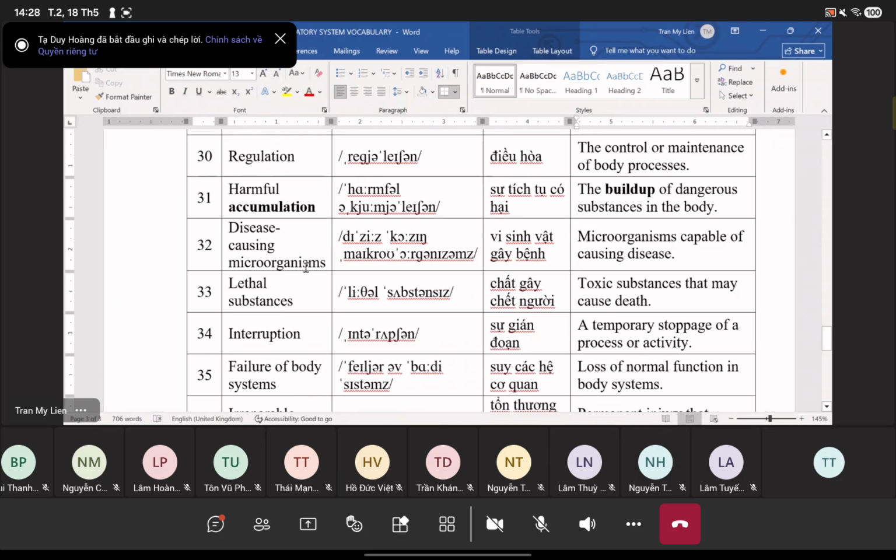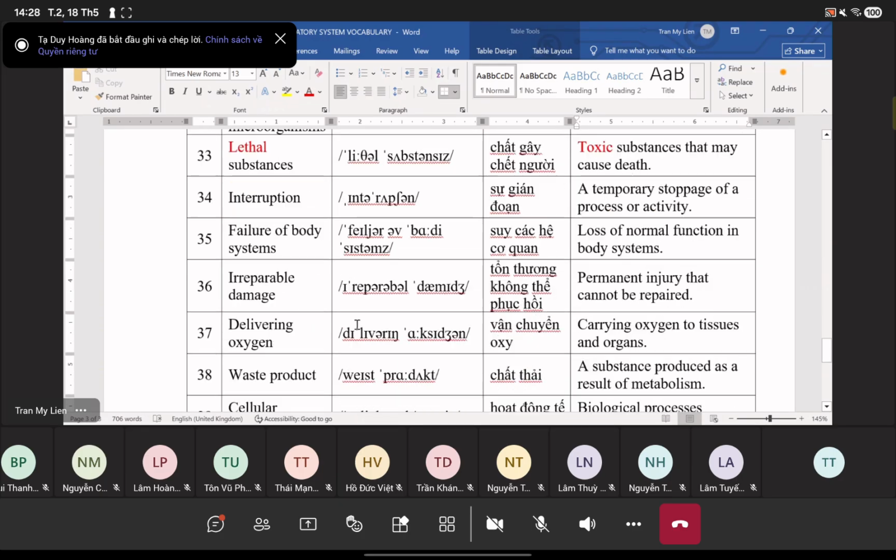Disease-causing microorganisms. Viruses and bacteria are disease-causing microorganisms, capable of causing disease. Lethal substances: dangerous or toxic substances that may cause death. Interruption. Failure of body systems.